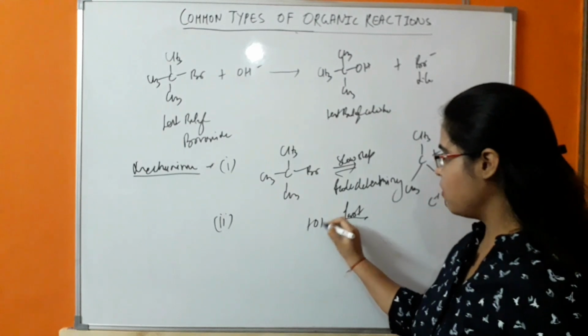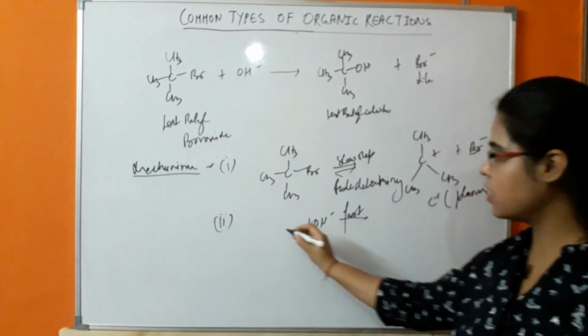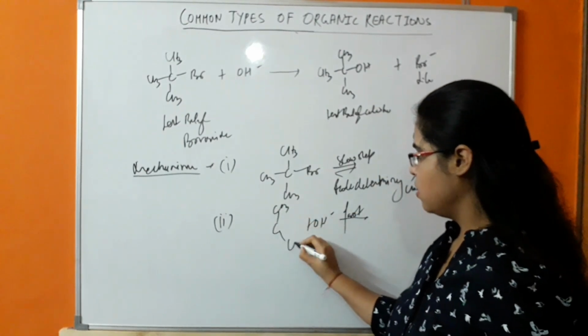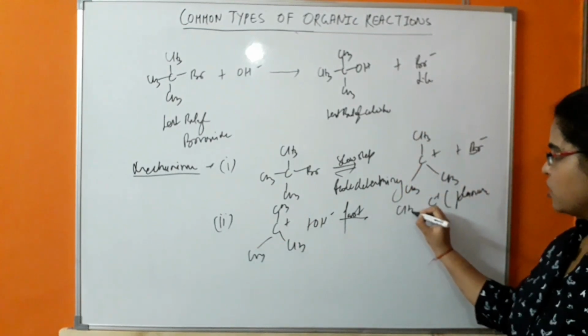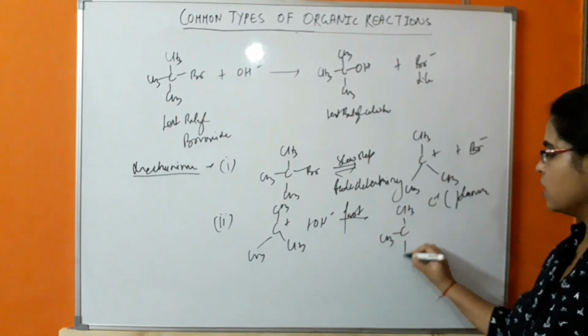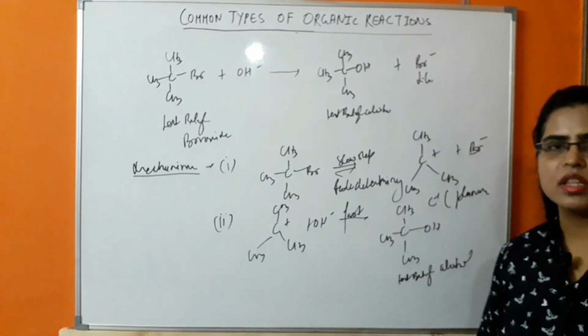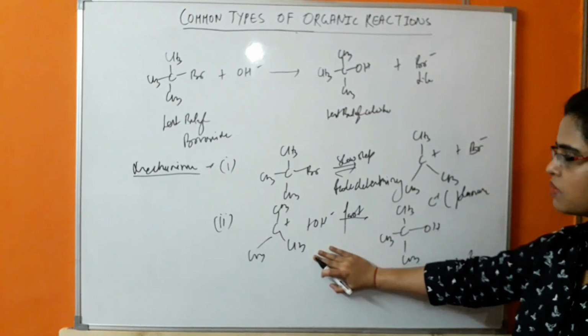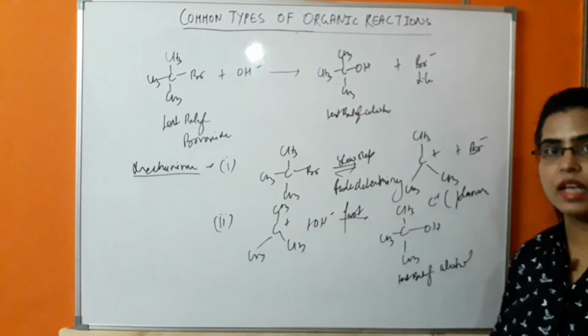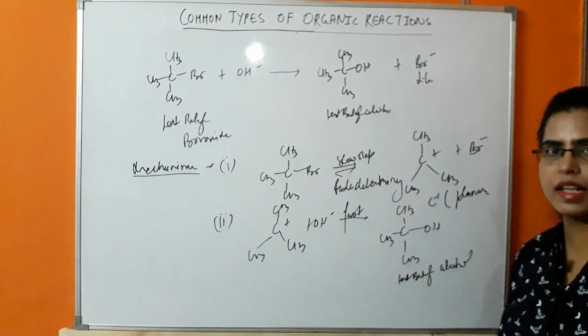So the nucleophile will attack easily on this reactive intermediate, and there will be a formation of tert-butyl alcohol in the second step. This step is fast because this carbocation is highly reactive. Both the species are highly reactive.